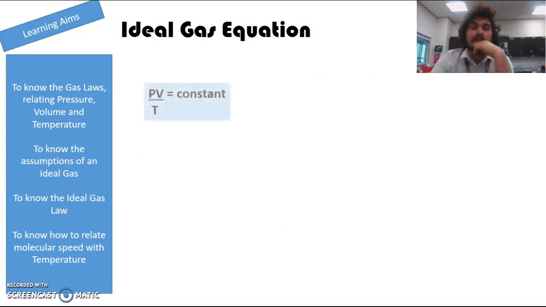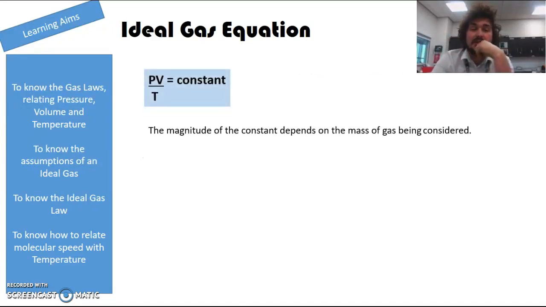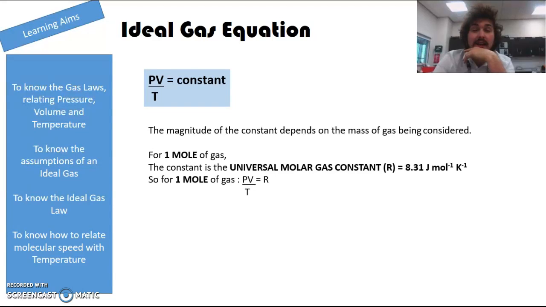Okay. So if PV over T is a constant, the magnitude of that constant depends on the mass of the gas being considered. So for 1 mole of gas, that constant is the universal molar gas constant, which is 8.31 joules per mole per Kelvin. So for 1 mole of gas, PV over T equals R. So PV equals RT.